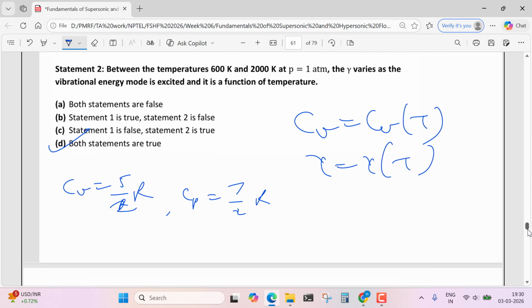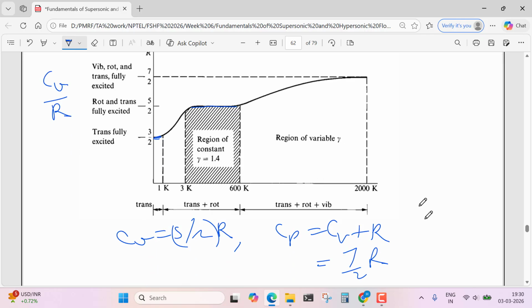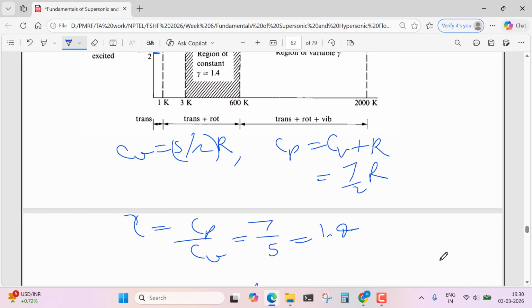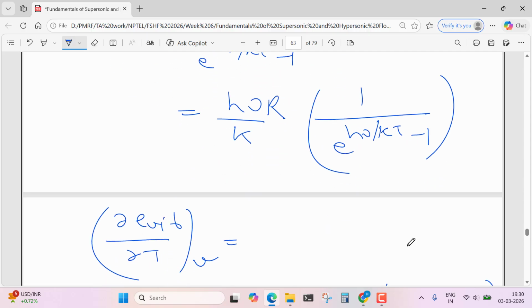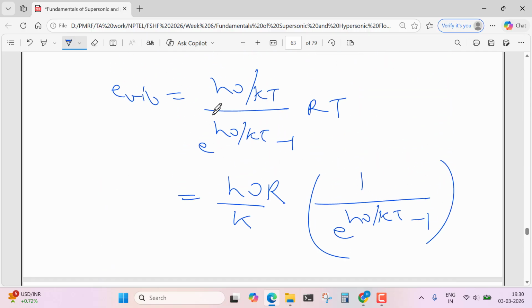And when temperature is more than 600 and up to 2000, gamma will vary, because there will be one more term, the vibrational energy term, due to which gamma will vary. So E vibrational we have seen before, it was h nu upon kT into RT upon e to the power h nu upon kT minus 1.